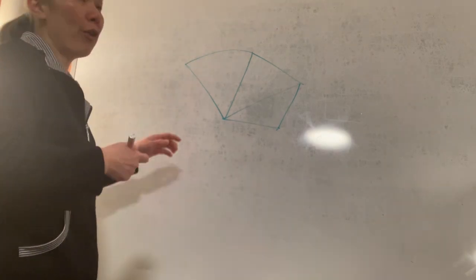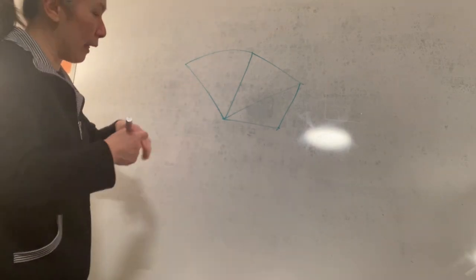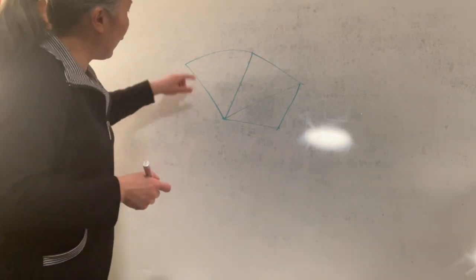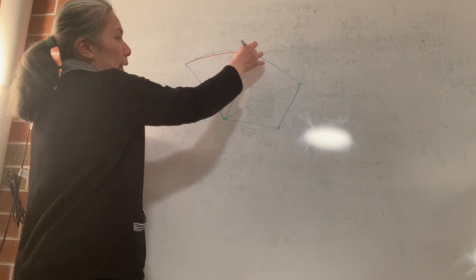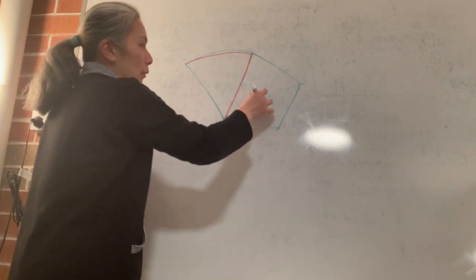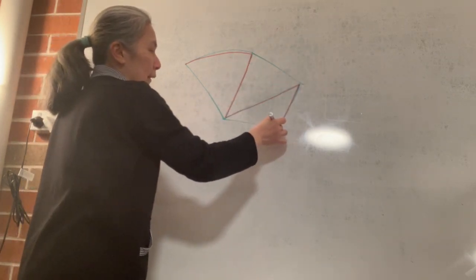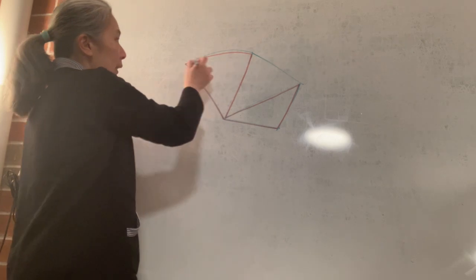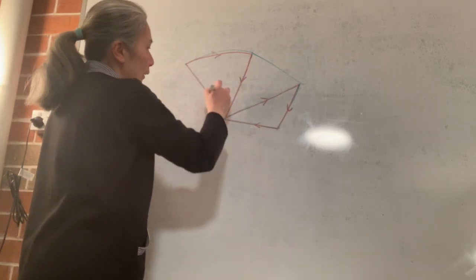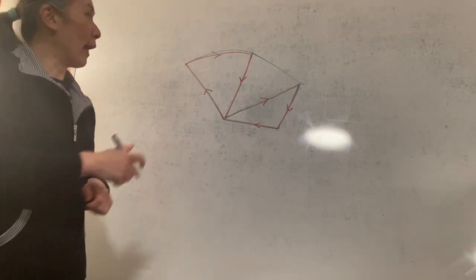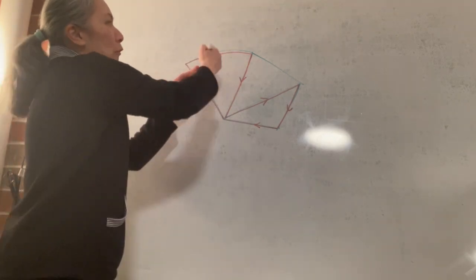So you can draw one for yourself, any way, as long as you do not repeat the edge. If I start from here, I can go there, go here, go there, come back. If I go this way, go up, go down, go across, go down, I cannot go back again. If I go back, I repeat the edge.